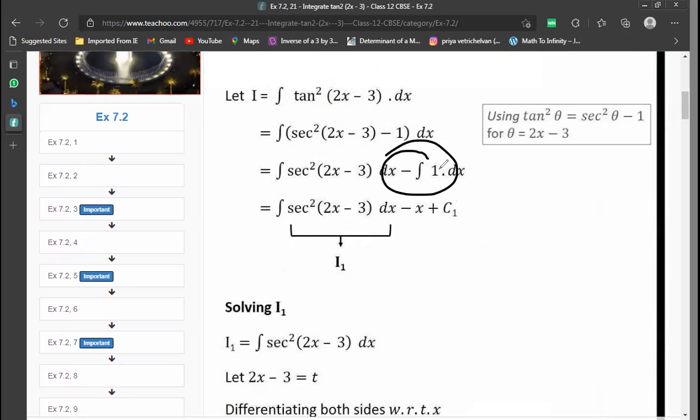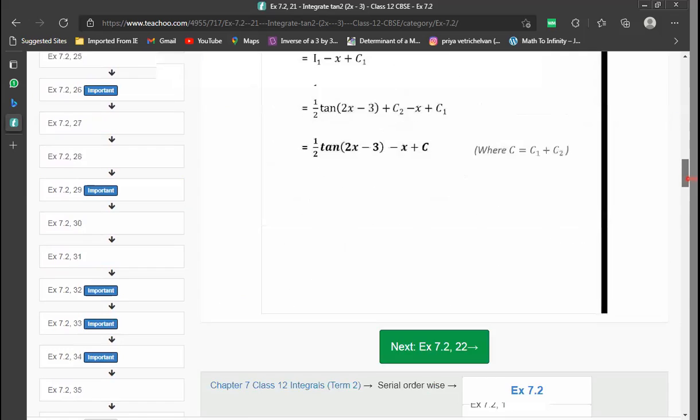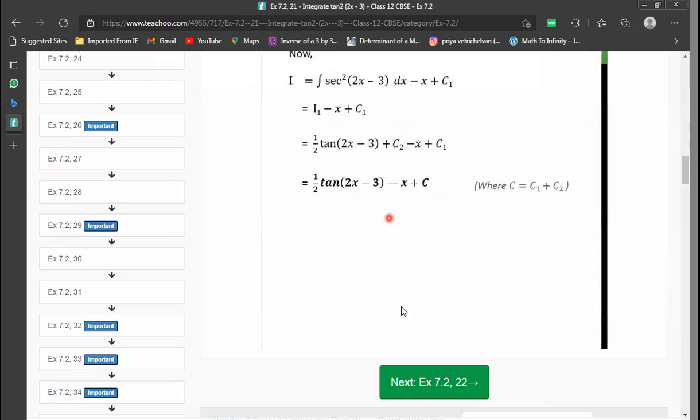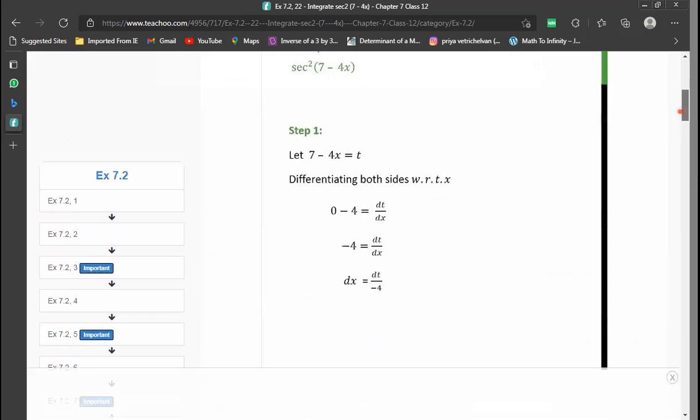Rewrite 1 as x power 0. That gives you x power n plus 1 upon n plus 1 rule, which is x. At last you have to club the two parts. Clear? Yes, ma'am. Very clear.